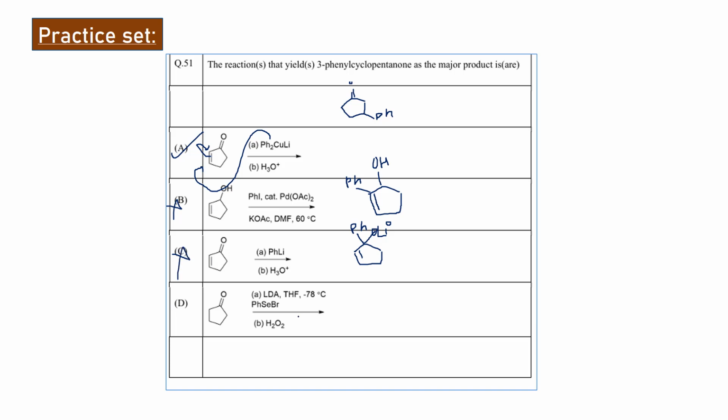Next is this one. If you add LDA, there will be generation of a negative charge at the alpha position. Then phenyl selenium bromide will enter here.